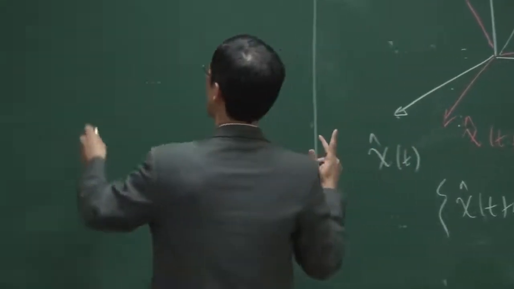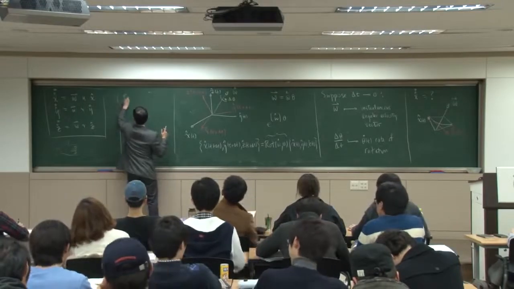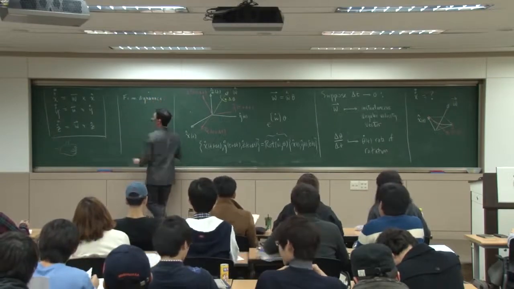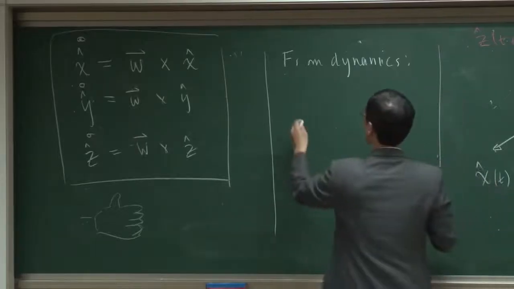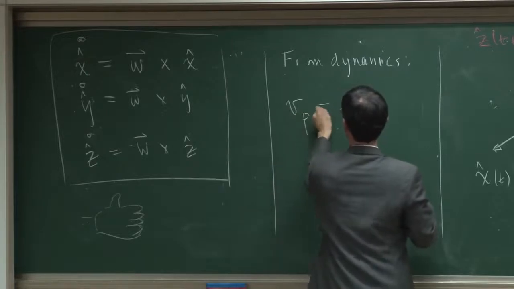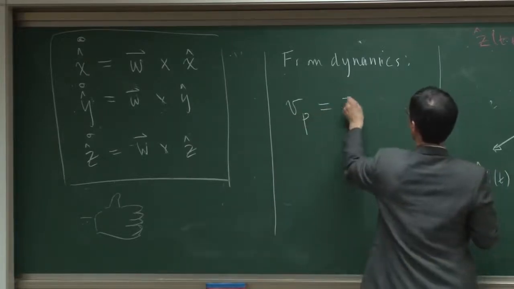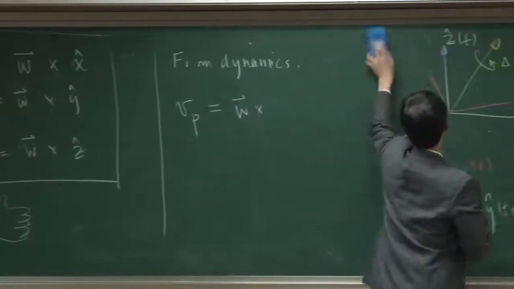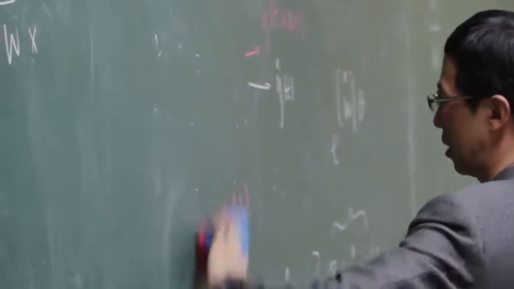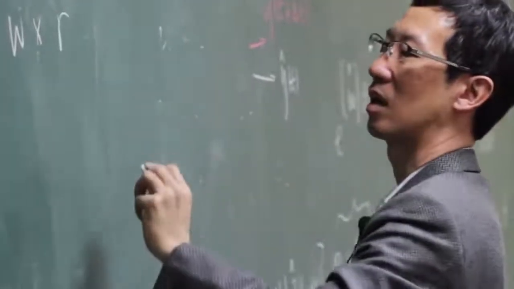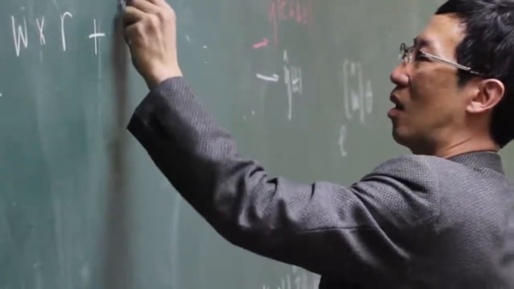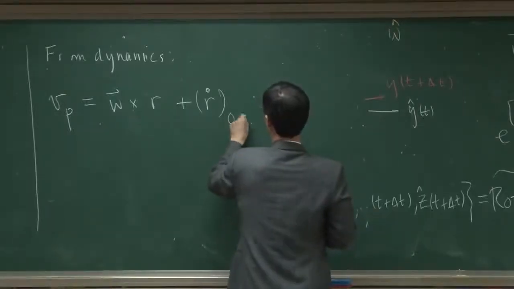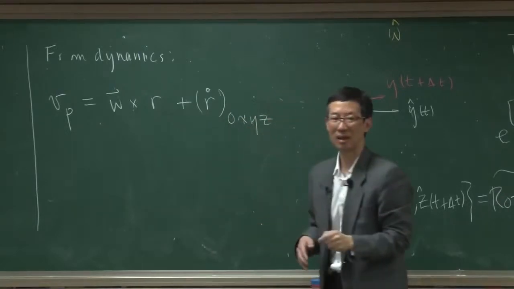You had formulas like V sub p is equal to omega cross r plus r dot in the OXYZ frame.